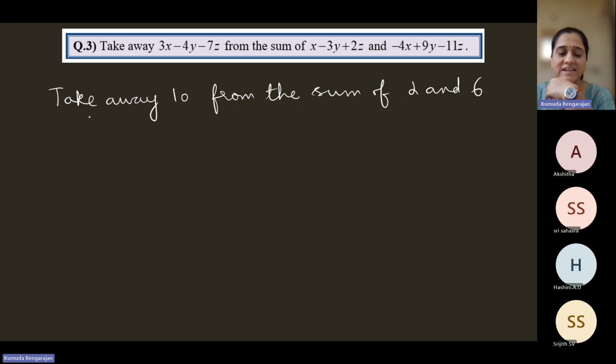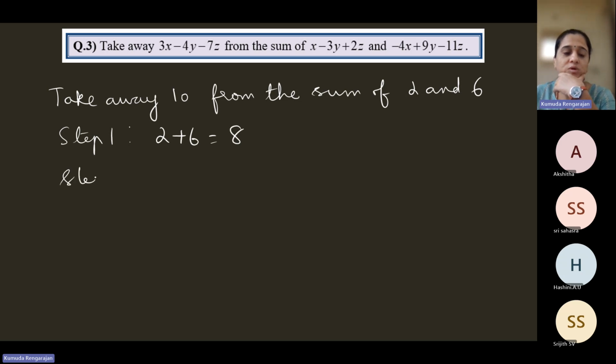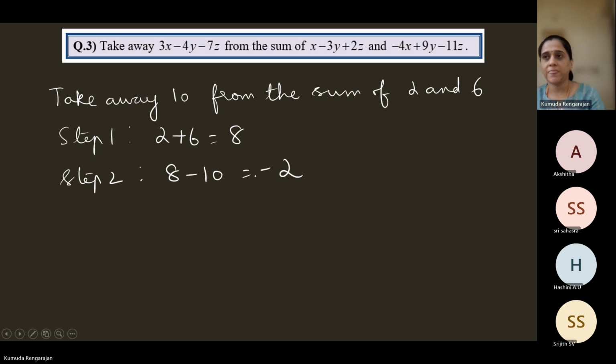So how will you do this? Take away 10 from the sum of 2 and 6. So step 1, what will you do? Step 1, 2 plus 6 is equal to 8. And step 2, 8 minus 10 is equal to minus 2. Correct? Yeah.